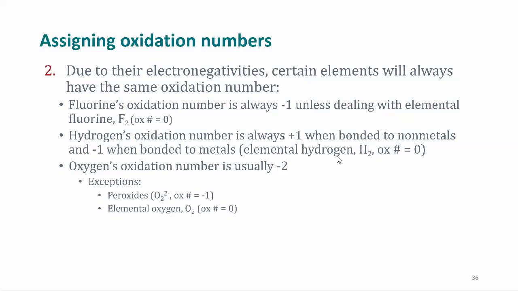The second guideline has to do with common states. There are certain elements that, because they are highly electronegative, meaning they draw electrons to themselves very, very well, have a tendency to have common charges. Fluorine. Fluorine as an element would still be 0.